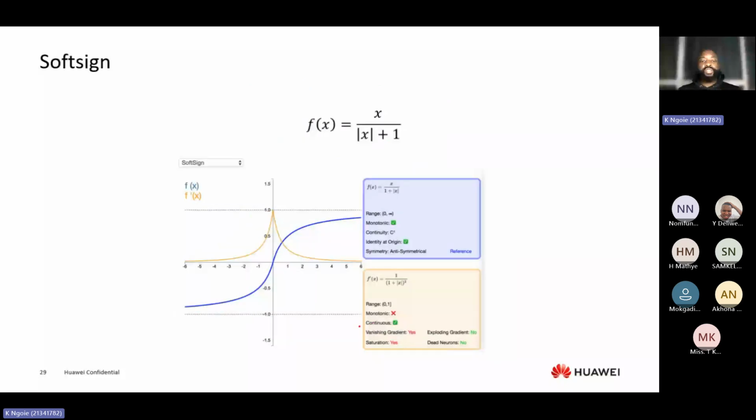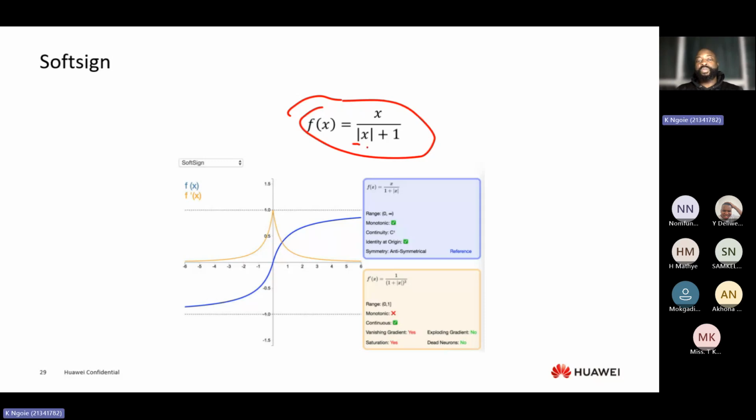Okay, and then the next one will be the softsign. The softsign is also an activation function. It's represented by this here. Guys, what does this mean?